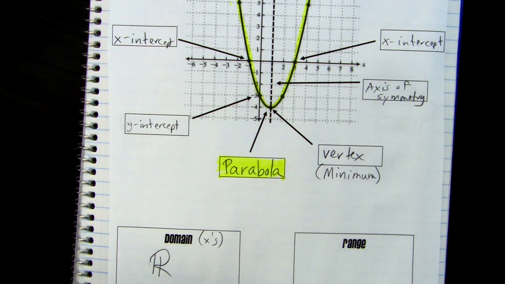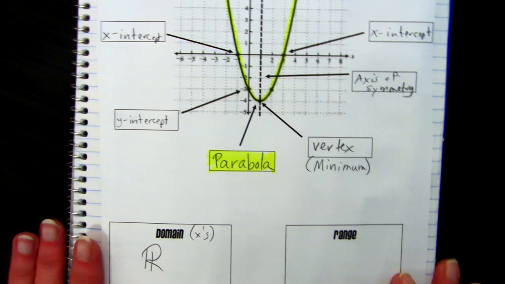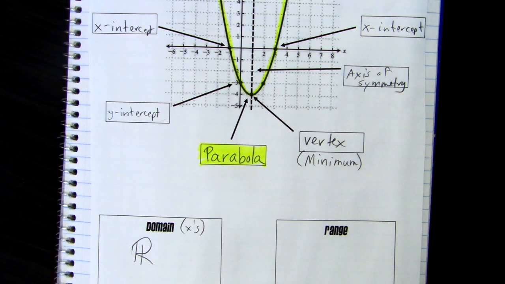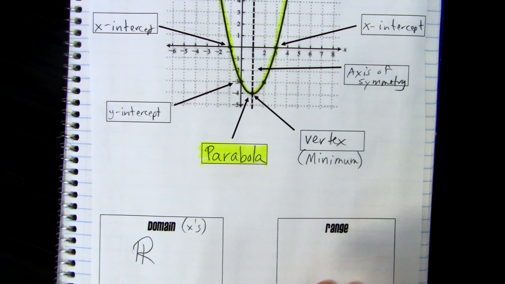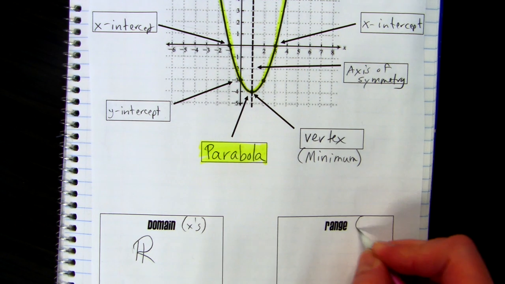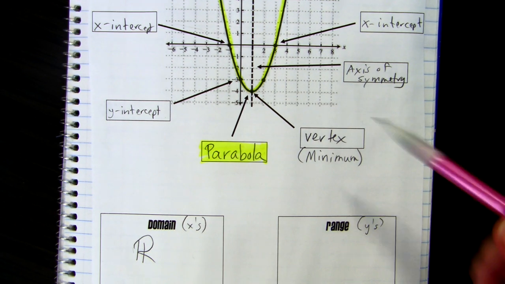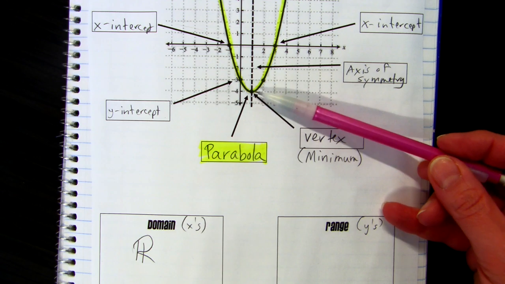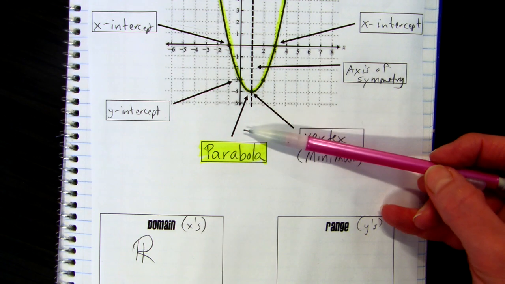So 6 and 7 are part of the answer, but that would be a partial answer. It's like out of an infinite number of numbers, you got 2 of them. Okay, so the range is not all real numbers. The range, remember, is your y's. So start at the bottom of the graph.